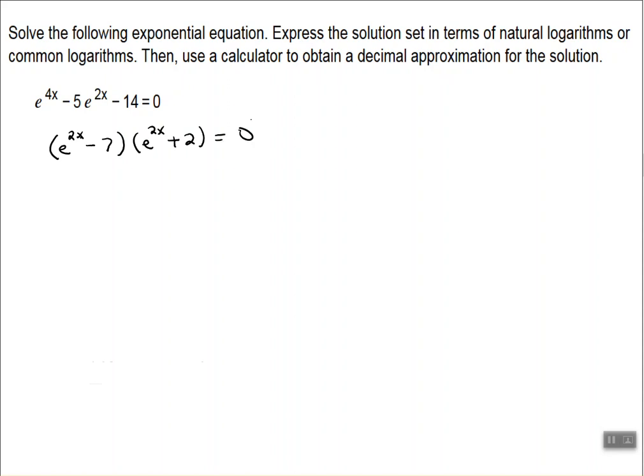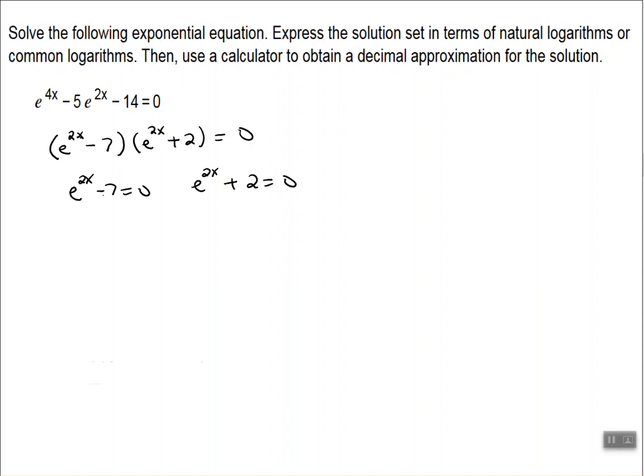I just use the techniques for factoring trinomials there, finding factors of the last number that also give a sum of the middle number. And then to solve this, I would set the factors equal to 0, and then solve each one.